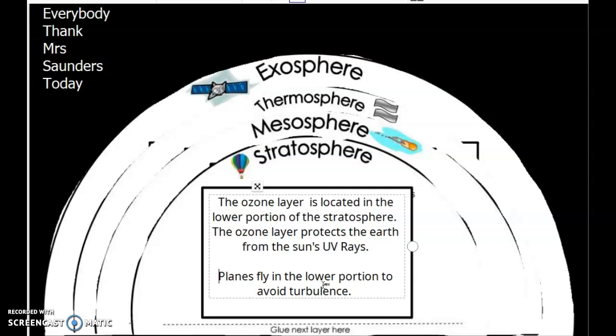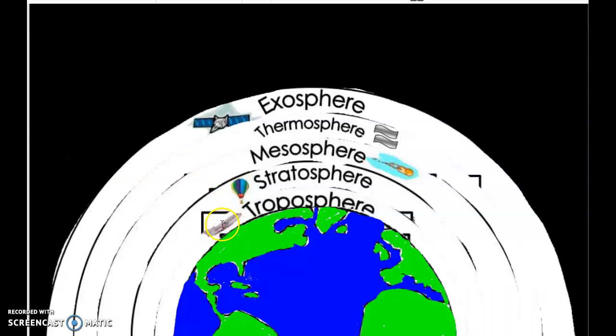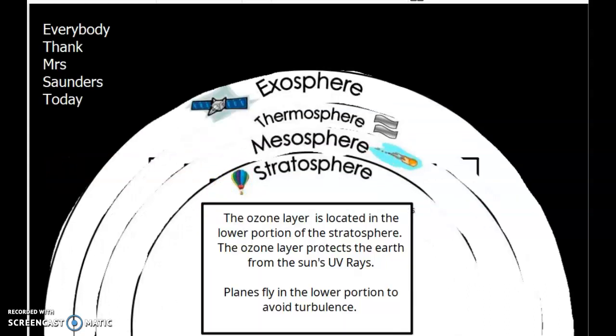Now, it's very weird. You'll notice that the plane is located on the next picture. See how it's here on the troposphere? Understand that it is at the very, very bottom of the stratosphere. It's not like they're way up in it. And I'm not too certain that should be a hot air balloon. It should probably be a weather balloon would be a better example of that.